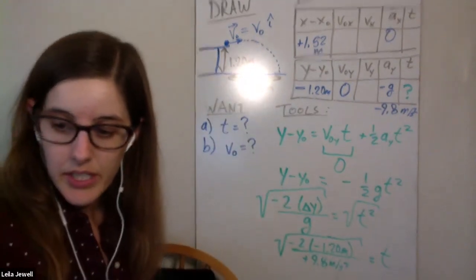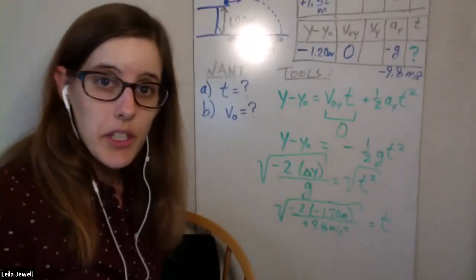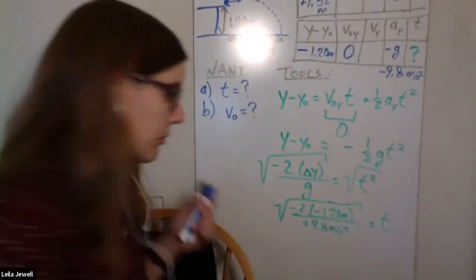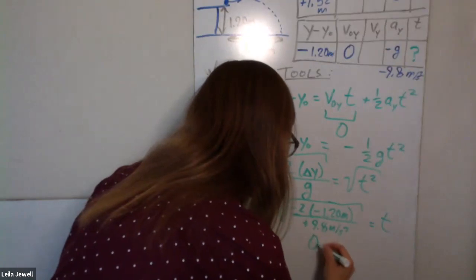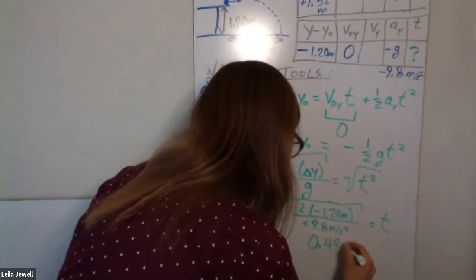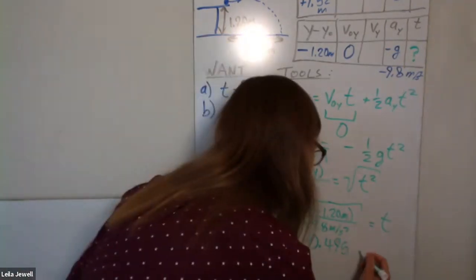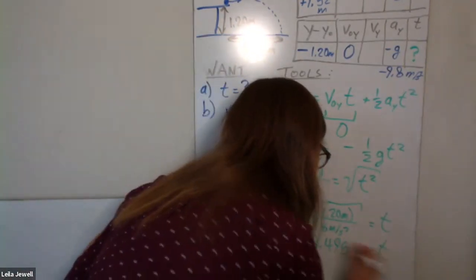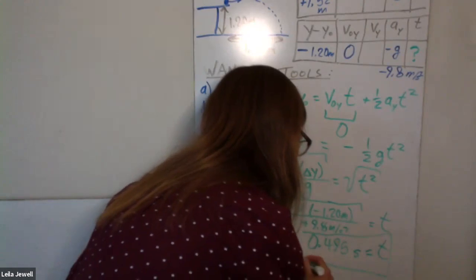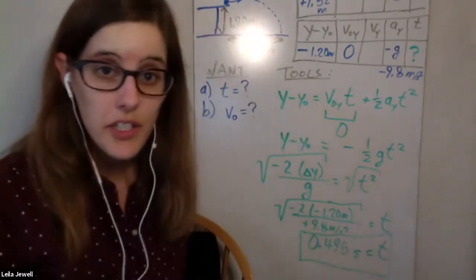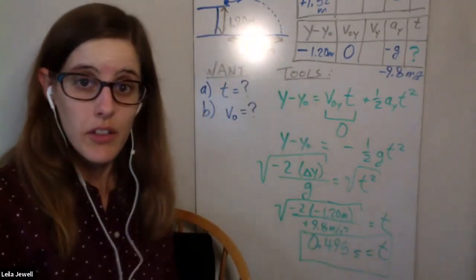So when you calculate this out, you should get something along the lines of 0.495. With what units? Seconds. And we can double check. We do have 3 significant figures, so that is good.